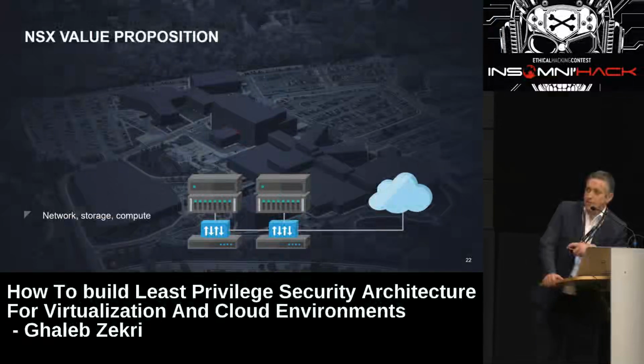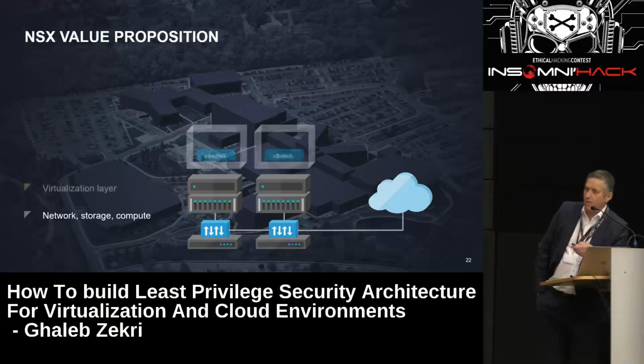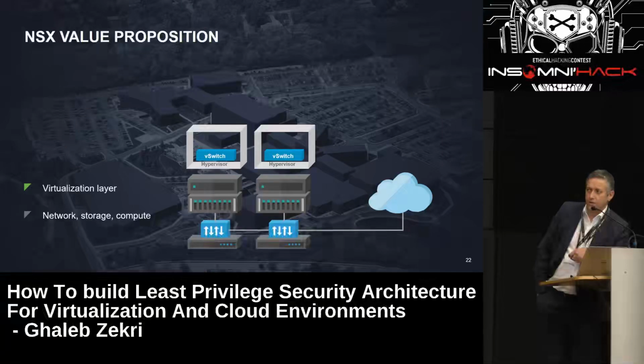So this is how we do it on the network side. If we look at the infrastructure today, we have servers, and we have a data center built with storage, compute, and network. And then on top of this, we build our virtualization layer.